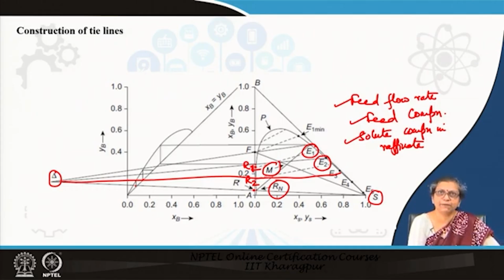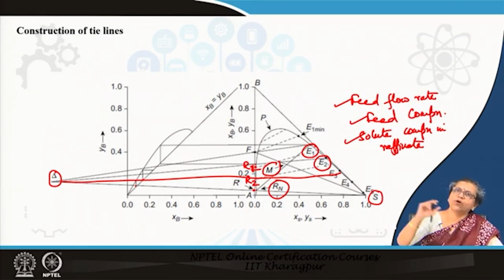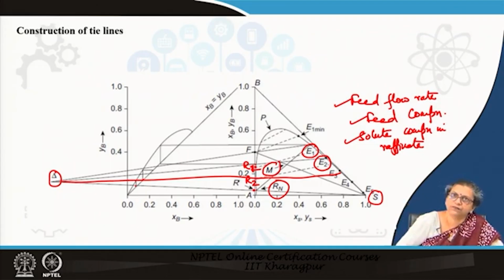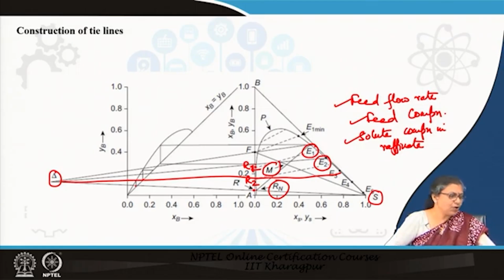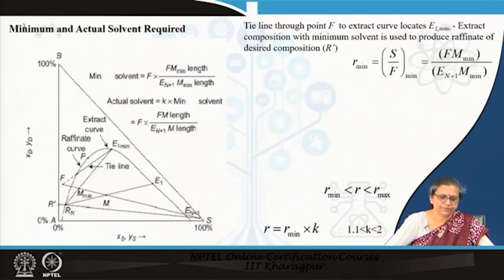If you remember in absorption what you had discussed, the point where the operating line and the equilibrium curve touch each other gives you the minimum solvent. Then accordingly you select 1.5 or 1.3 times the minimum solvent and start working. Same concept applies here as well.